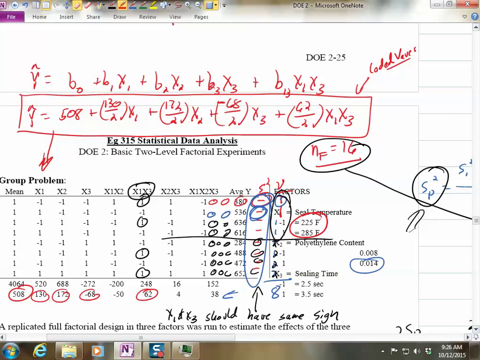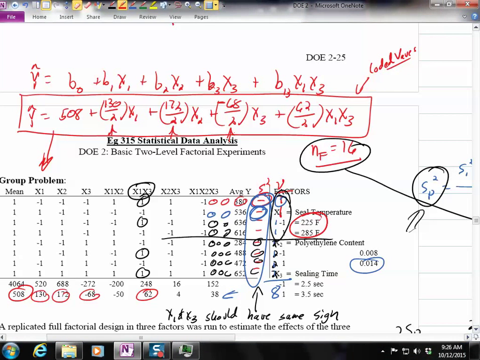But I think it's better to leave your model in coded values, for two reasons. One is that the coefficients are all on the same basis, all coded high to low values, so you can compare the coefficients. This one has a bigger effect than that one.